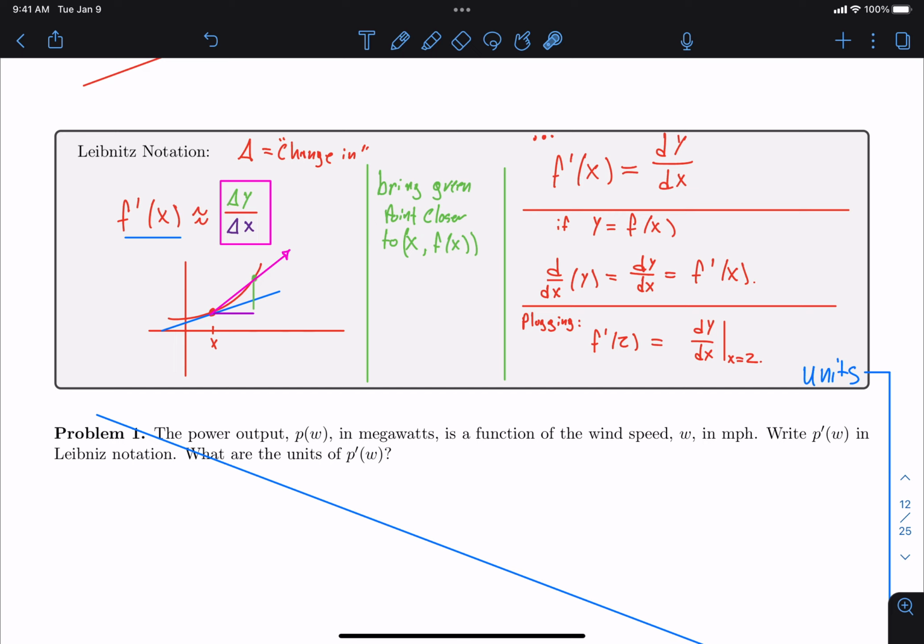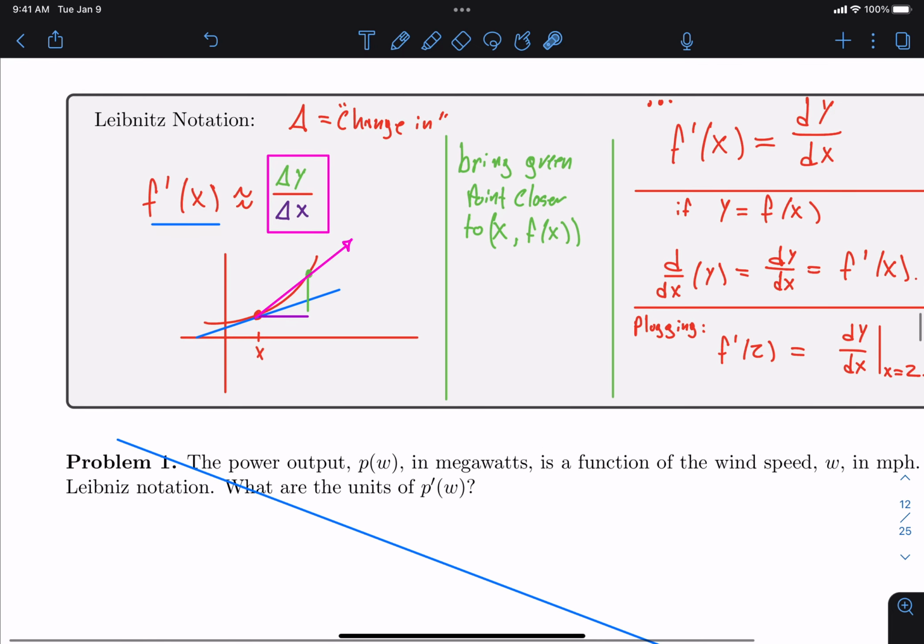So what does Leibniz notation actually look like? Well, instead of using this sort of average rate of change business, he described f of b minus f of a over b minus a as rise over run. The notation he used for that was capital delta y over capital delta x, where delta literally means change in.